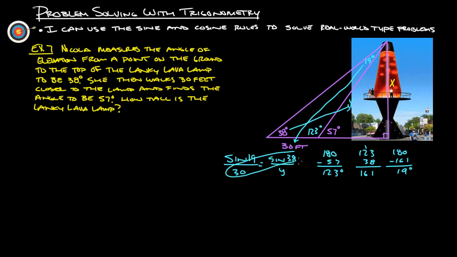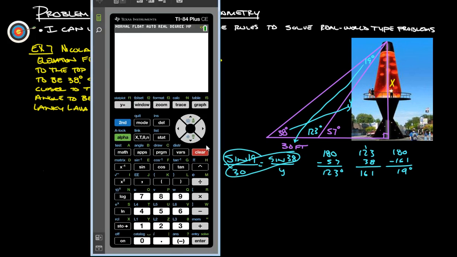So this times this, divide by that. Let's see, we'll do 30 sine 38 equals 18.46. Divide by sine of 19 gives us 56.7 is what y is.